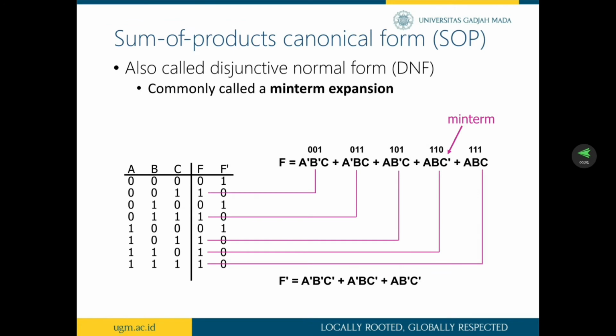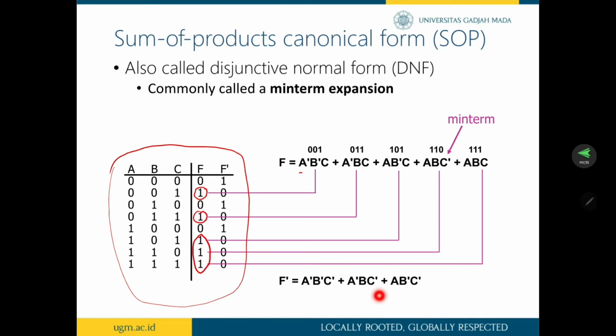Next, we talk about min term expansion. In the slide before, we have the expression of F. From the truth table, we can write the expression for F where the output is 1.